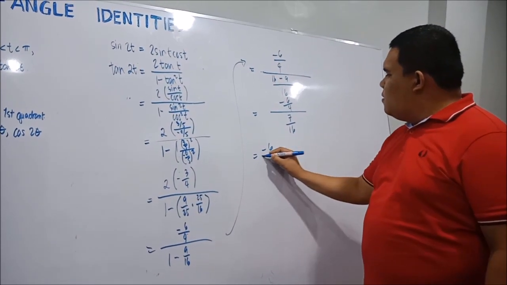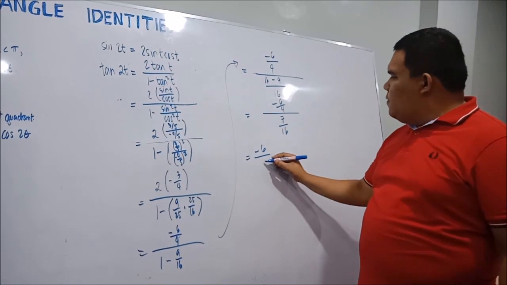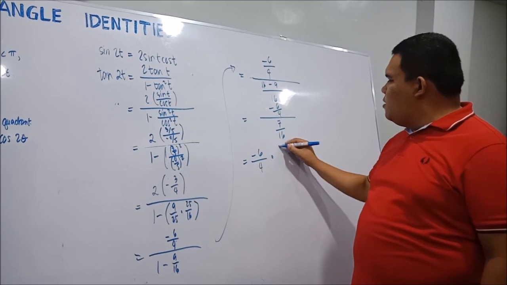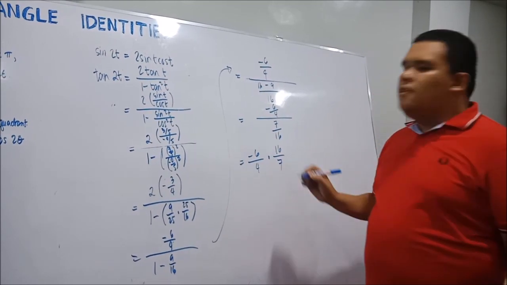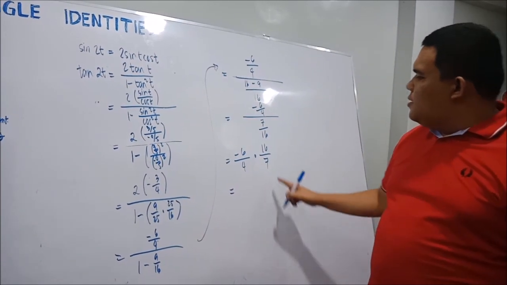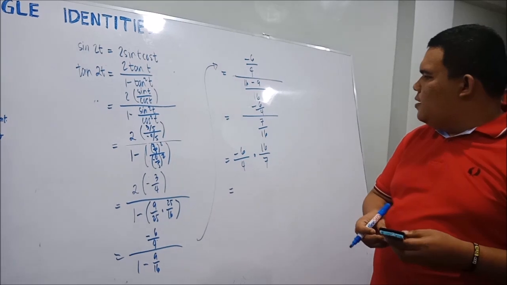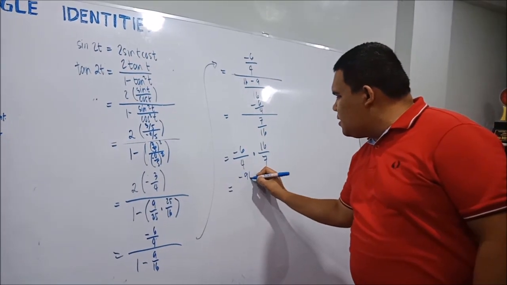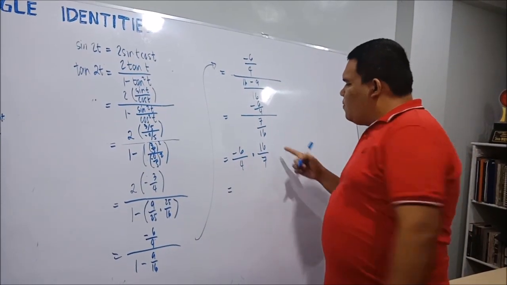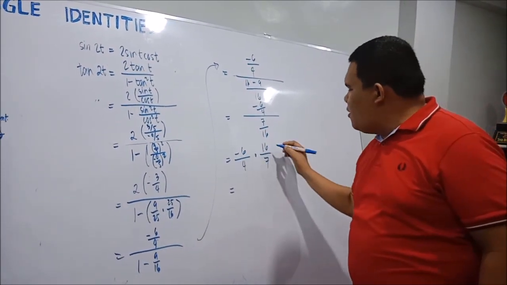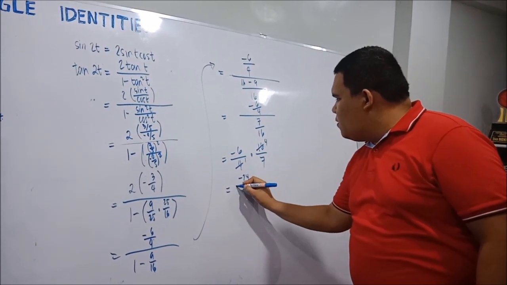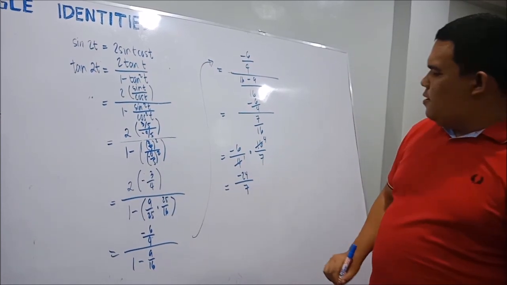When dividing fractions, we take the reciprocal of the denominator and proceed to multiplication. 16 over 7 is the reciprocal of 7 over 16, and we go to multiplication. 6 times 16 is 96, or negative 96. Or simply, we can cancel out 4 here, so 16 divided by 4 is 4, and 4 divided by 4 is 1. Negative 24 over 7.